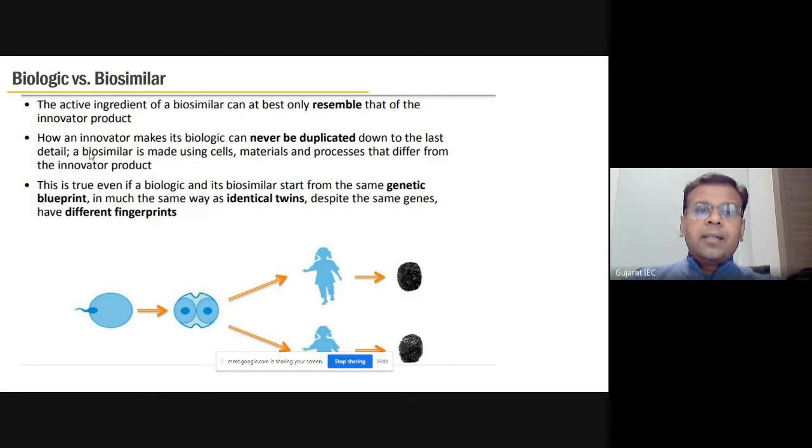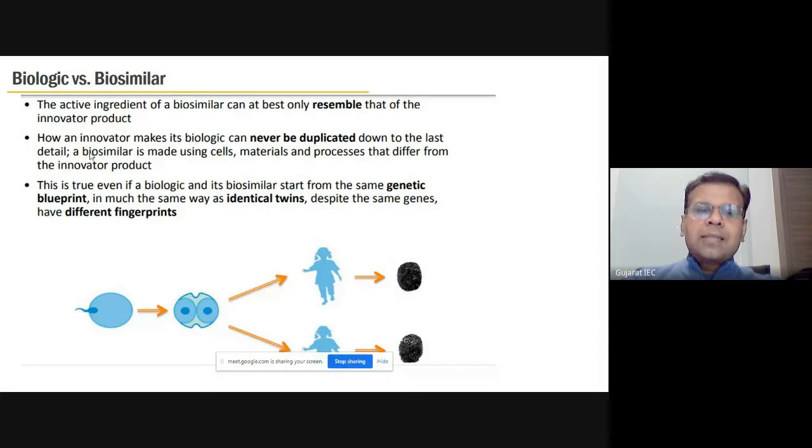Even if you start off with the same ingredient, with everything the same as the innovator, and try to make a copy, you can never duplicate the same thing. That's true with respect to biologics too. Take twins: the same sperm and the same ovum get fertilized, but when we have twins, they may be identical, yet their fingerprints would be different.